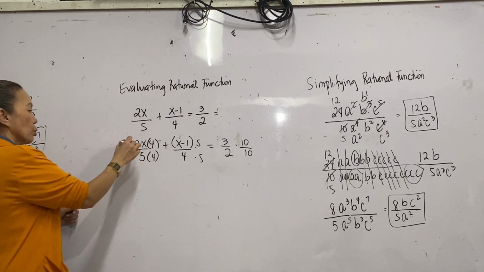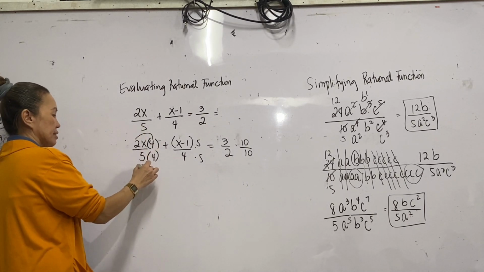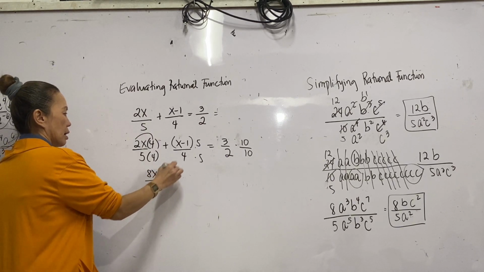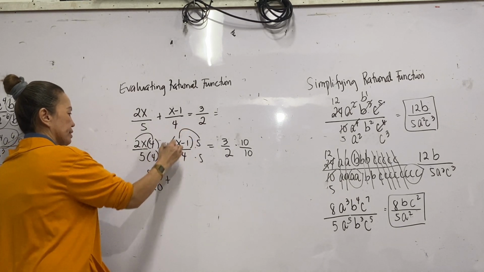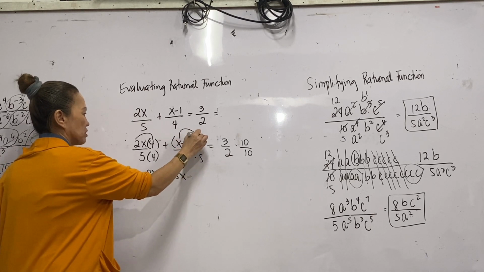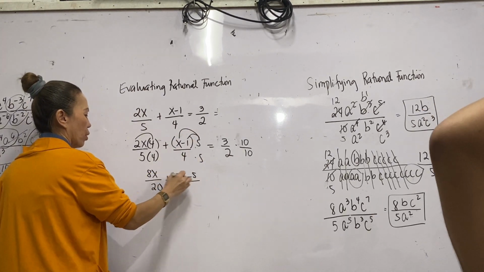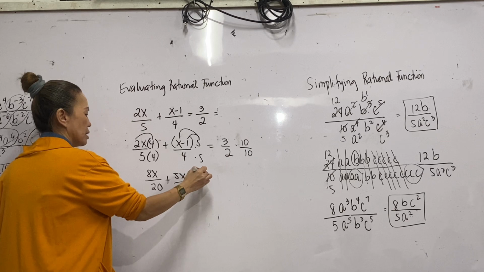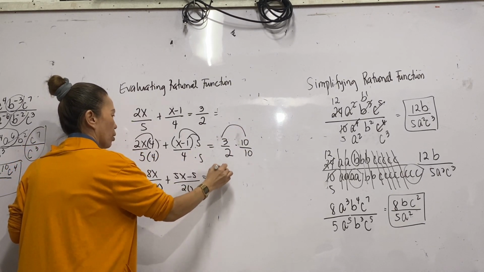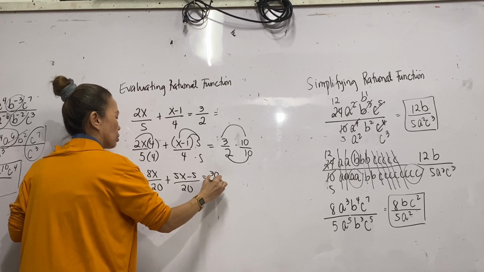So we have 2x times 4 is 8x over 20. 5 times x, 5x minus 1 times 5, 5 over 20. 3 times 10, 30 over 2 times 10, 20.